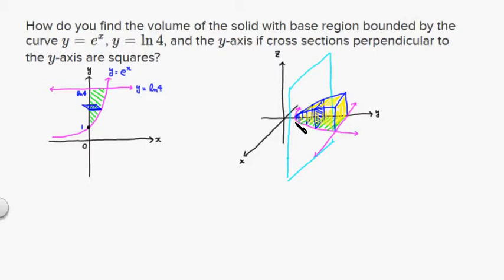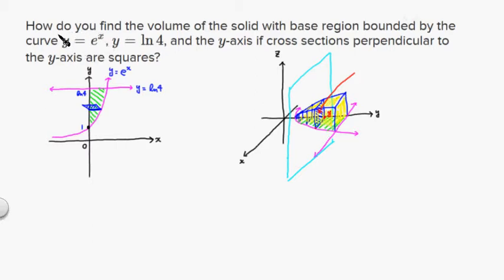So remember, if you can find the cross-sectional area, so for example, take this one at y, one side of the square can be determined. It looks like this is going to be the horizontal distance, the x-direction distance, from the y-axis to this exponential curve. So we're looking at the x value from this equation.